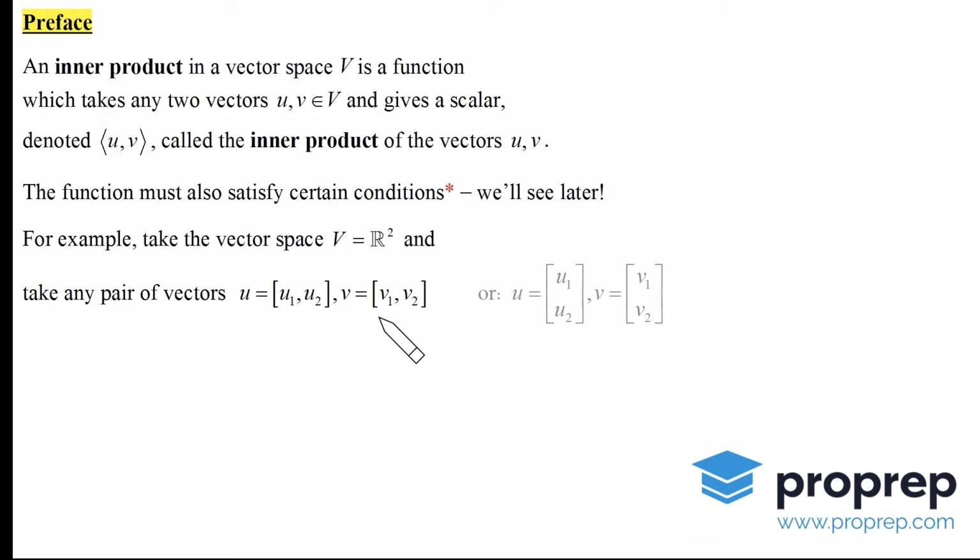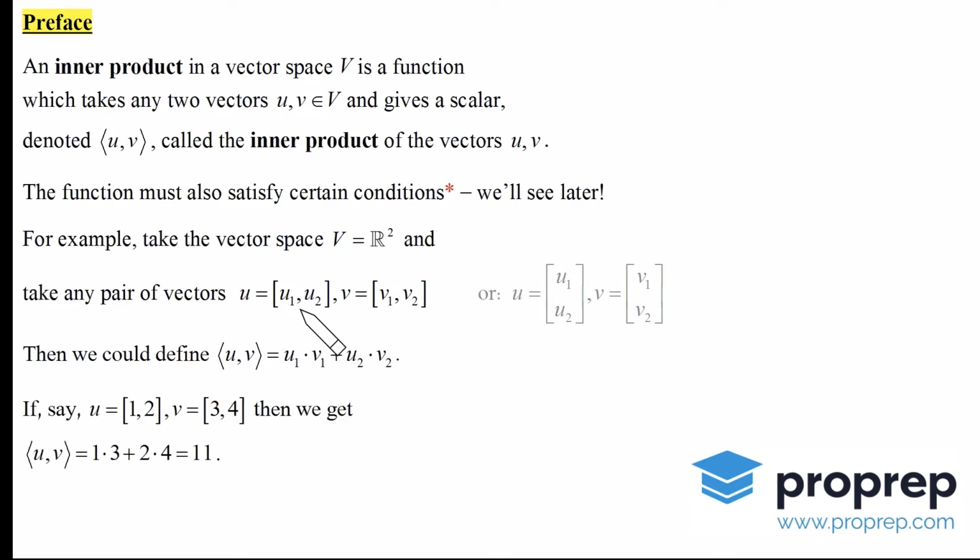Now I have to tell you how to multiply them, how to get the inner product of these two. So I'm suggesting the following inner product. We take u and v, and what we do is we multiply u1 with v1 and add to that the product of u2 and v2. Those of you who have studied physics and know what a dot product is, this is very much like a dot product. It's almost the same thing. And if you haven't heard of it, never mind.